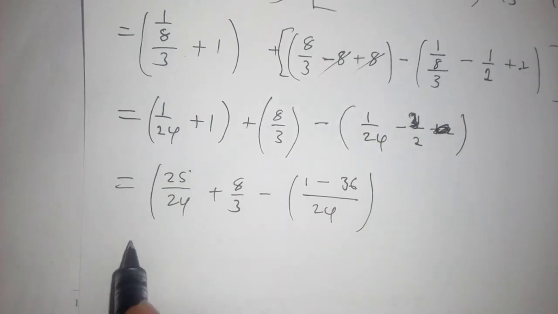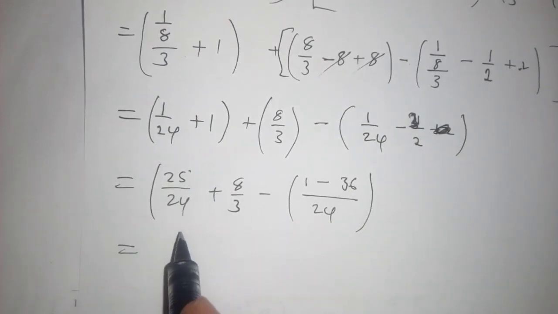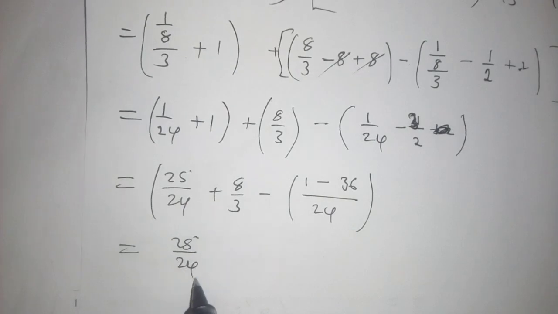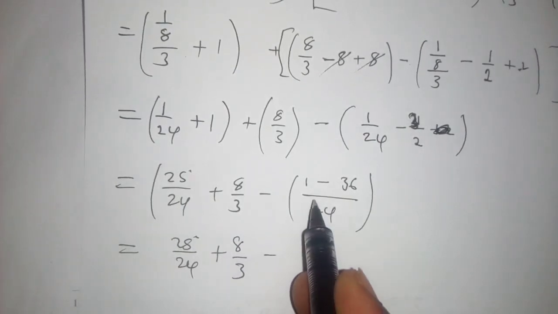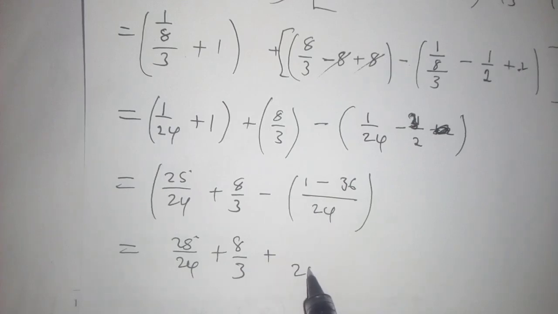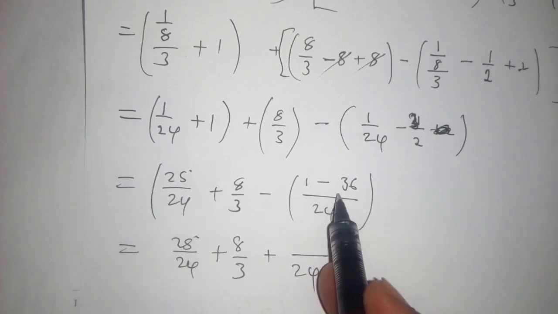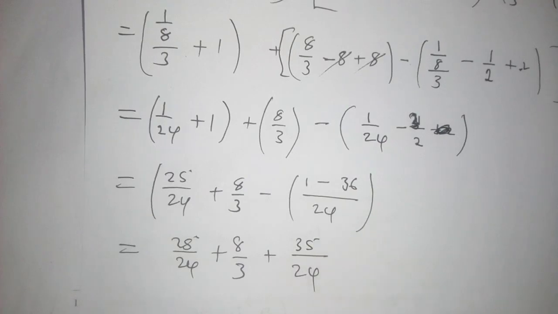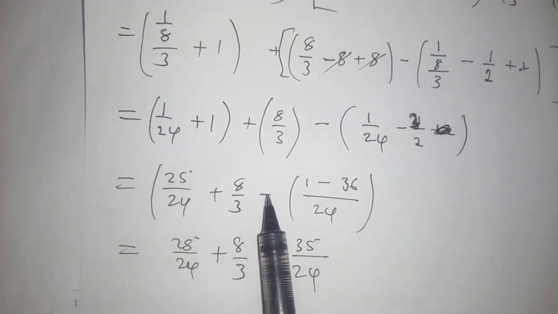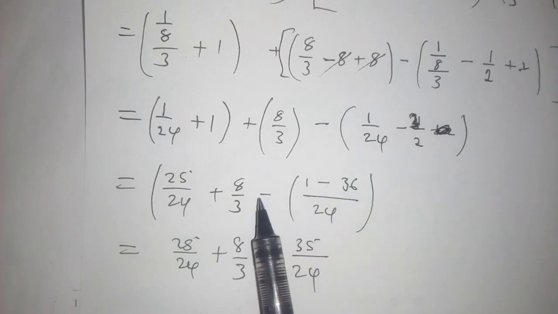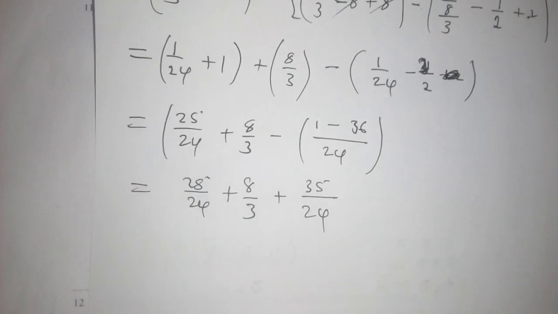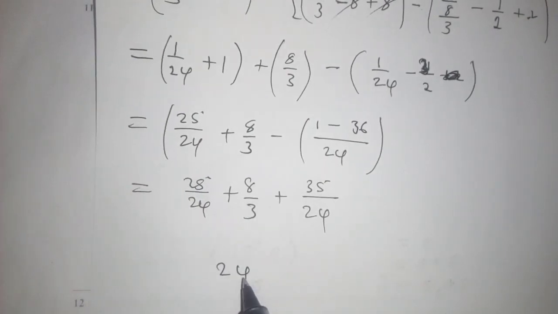Hopefully this is what you are getting. So 25 over 24 plus 8 over 3, here to be plus 35 over 24. Because if we say this minus this, it will be negative 35. So negative and negative will give us a positive. So over 24.